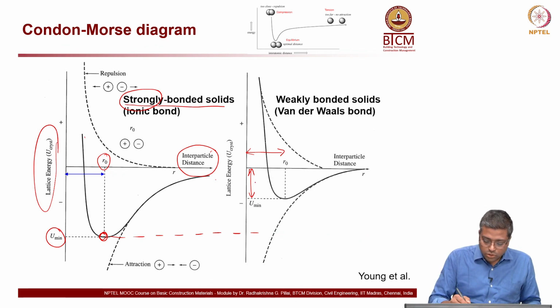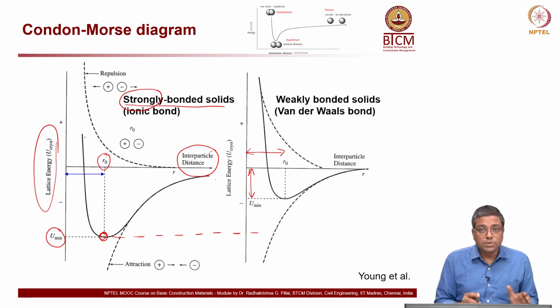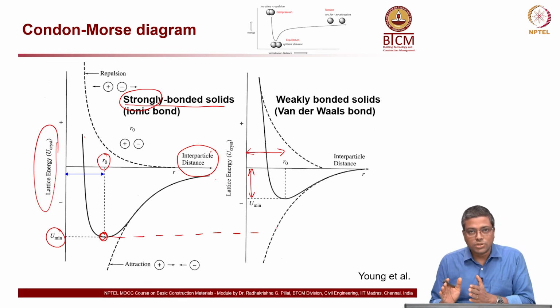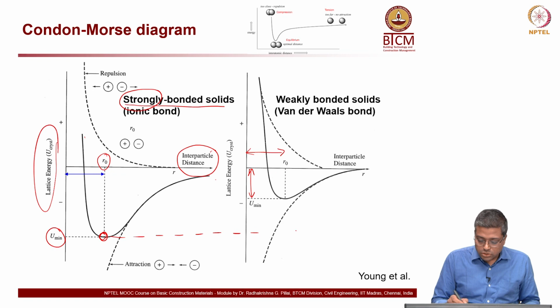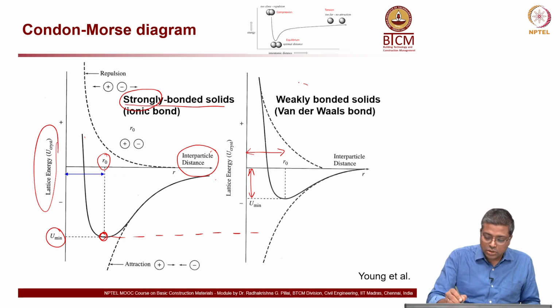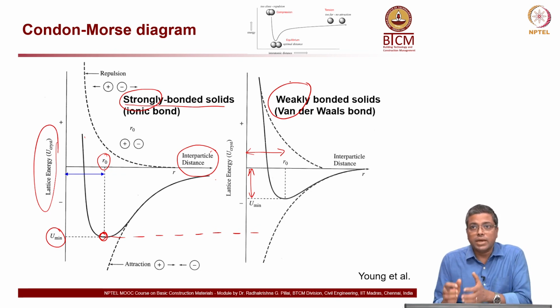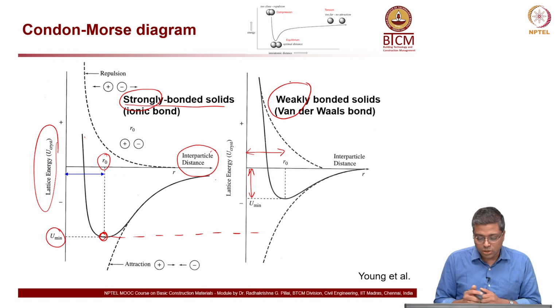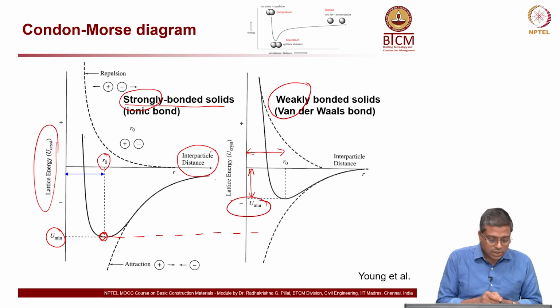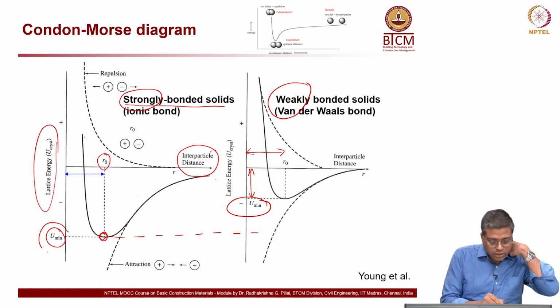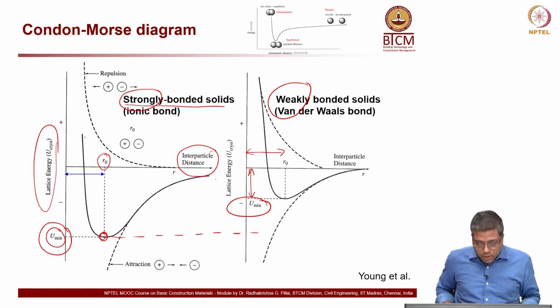So, U min in case 1 is more than the U min in case 2, in magnitude. So, we can say that case 2 is actually a weakly bonded solid. The bond is very weak. It is easy to break that bond in case 2, because the energy required to break it is very low as compared to that in the first case.